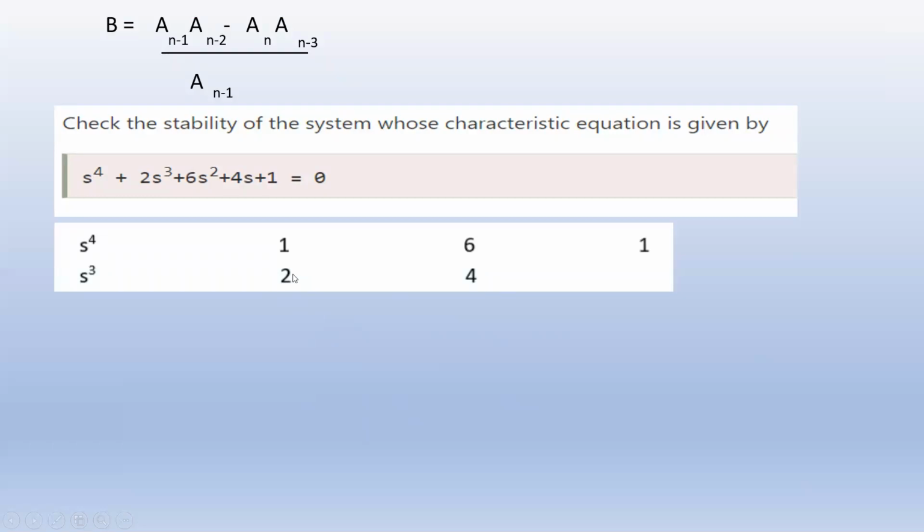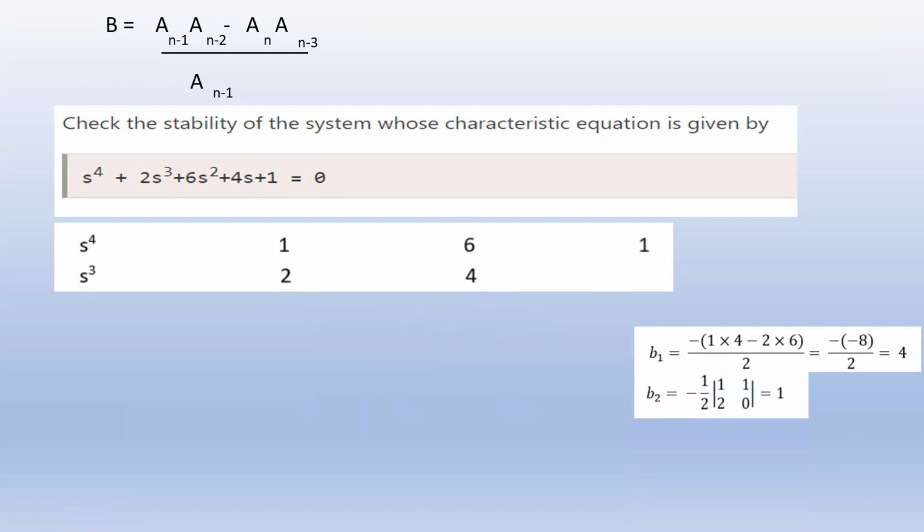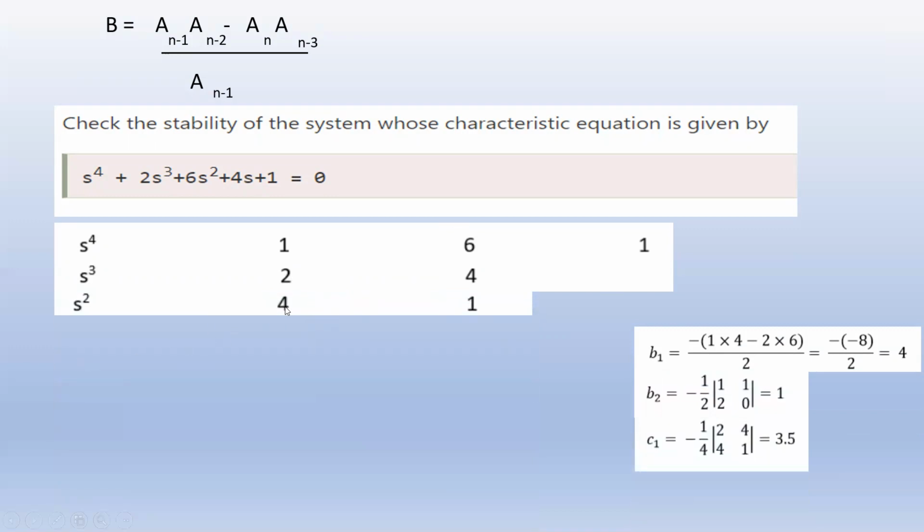We can calculate the next coefficients by this formula. So 2 into 6 minus 1 into 4: 2 sixes are 12, minus 4 is 8, and divided by this coefficient 2, we have 4 over here. That's how we solve b1 and b2, so we have 4 and 1 over here.